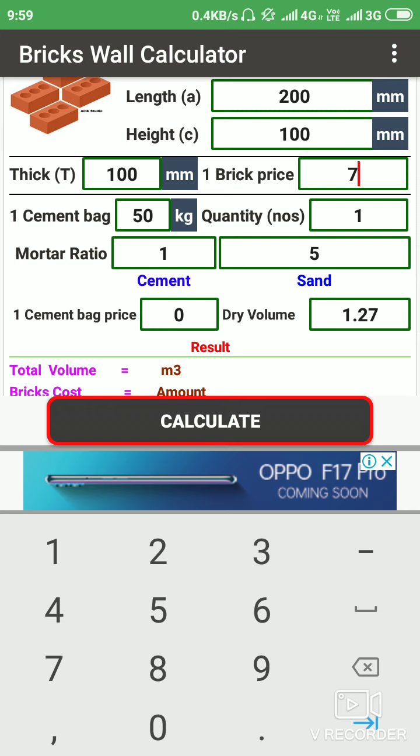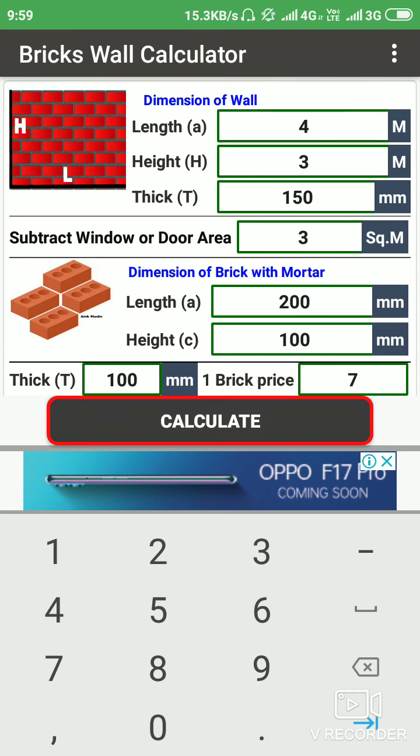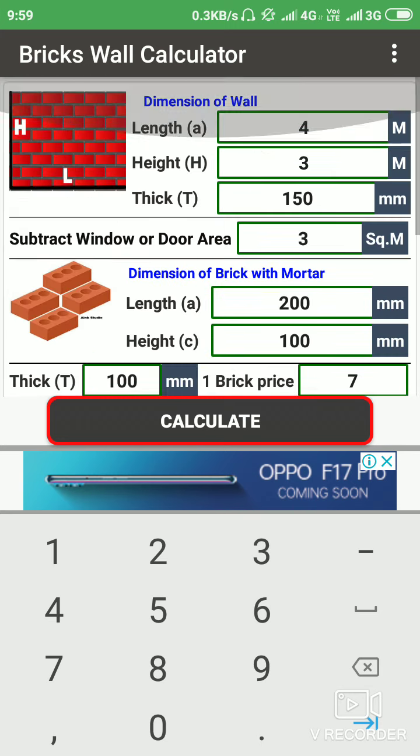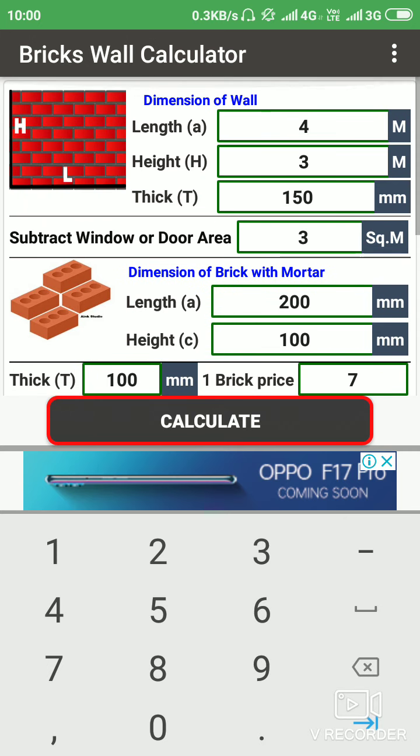One cement bag is 50 kg, and the quantity is considered as 2 walls. Each wall is considered 4 meters in length. Then the mortar ratio is kept 1:5 as it is, and one cement bag we consider as 300 rupees. Dry volume 1.27.